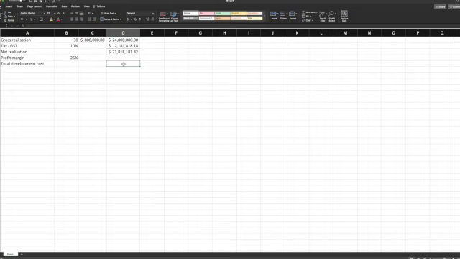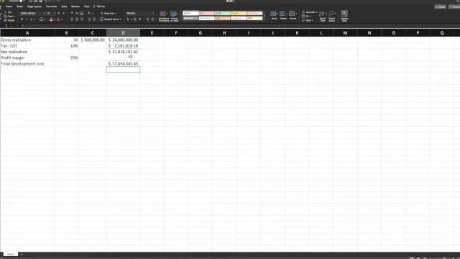So exactly the same as what we did with the tax, we're going to do again with the margin. So we're going to say this number is the net realisation divided by 1 plus the profit margin. So that means 125%. And we hit the enter button. That number there is our total development cost.